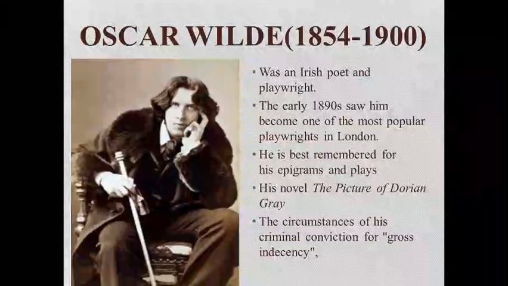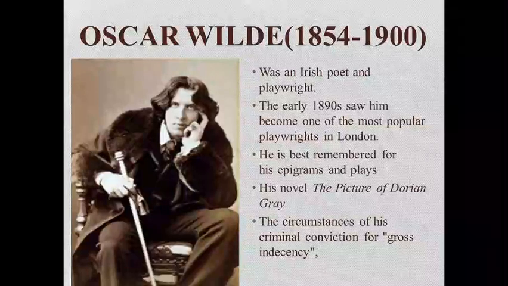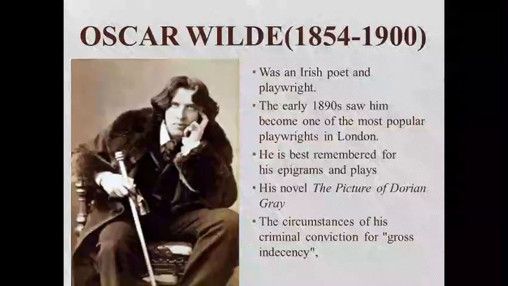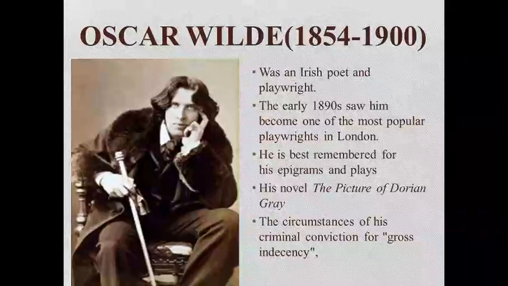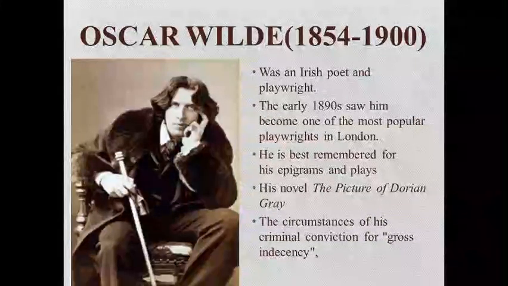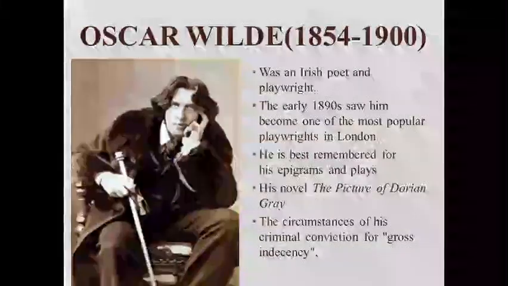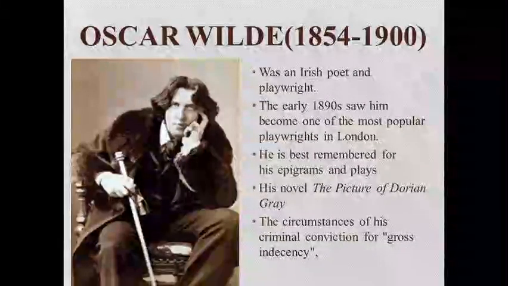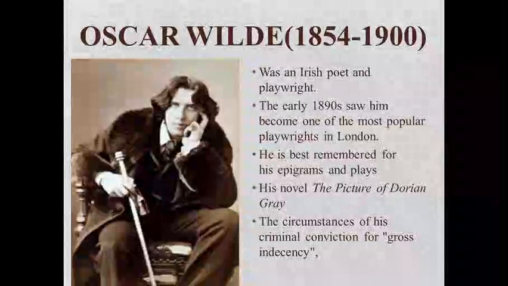Maybe you have watched the film of this novel, but be aware that the film and the novel are not so similar. They have some differences between the book and the film. But of course, they have several similar scenes that you can watch just for enjoyment.